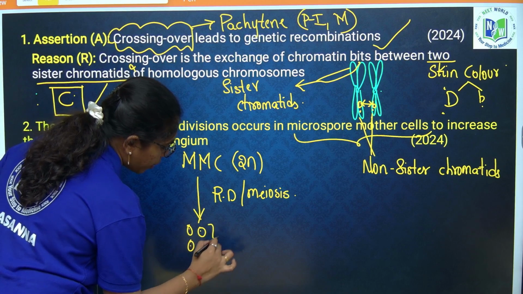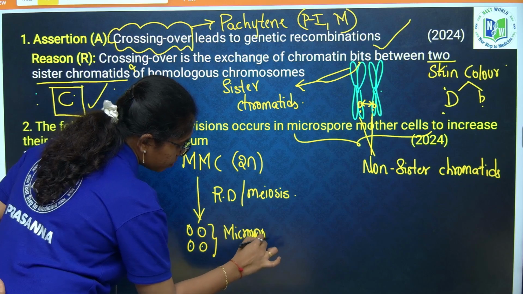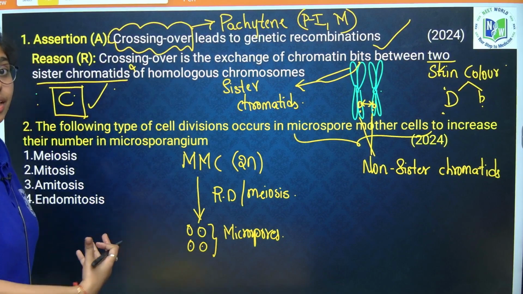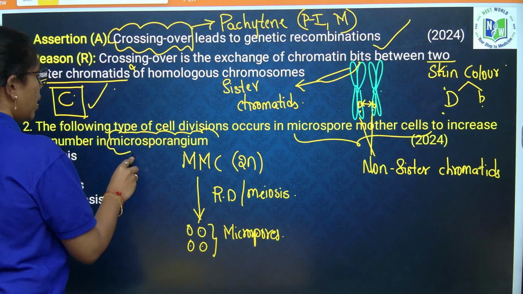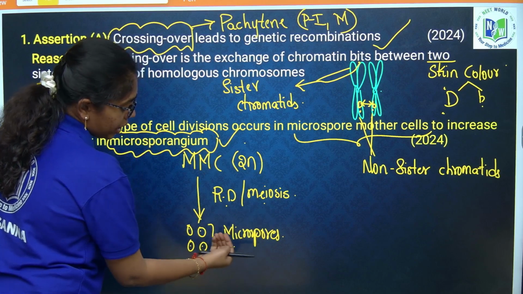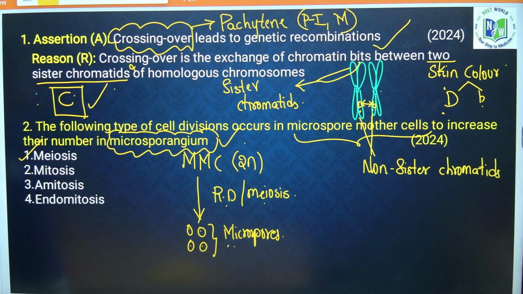To produce how many microspores? 4 microspores. Yes, and that is how the number increases in the microsporangium, by meiotic division, releasing 4 microspores. So our answer is option 1.